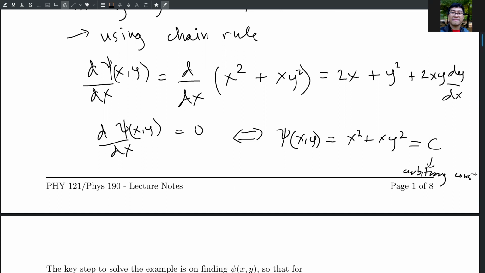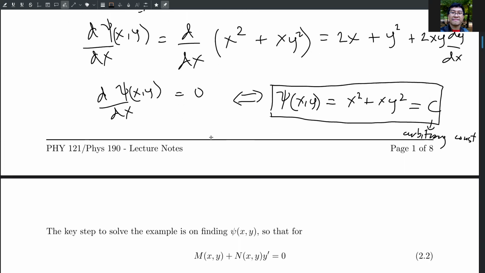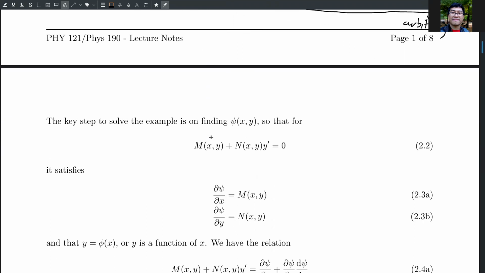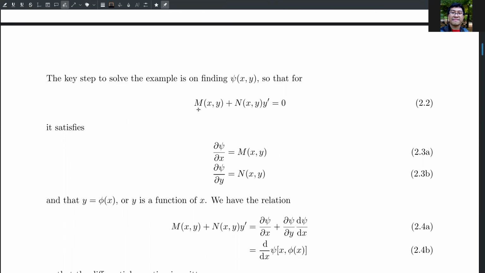So this is our solution written implicitly. If you want to write y in terms of x, you just have to rearrange.